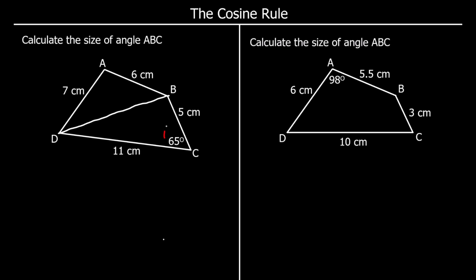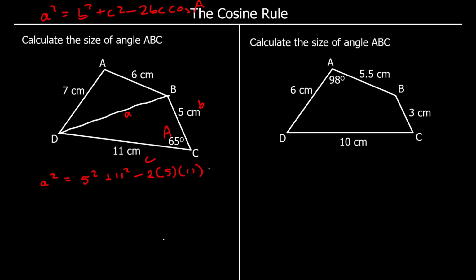So let's have big A, little a, B, and C. And again, a squared equals b squared plus c squared minus 2bc cos A. So a squared equals 5 squared plus 11 squared minus 2 times 5 times 11 cos 65.